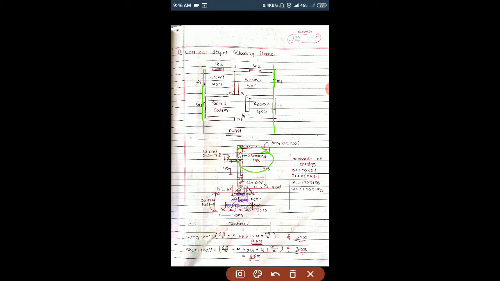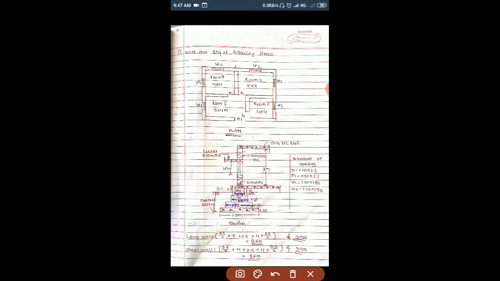Long walls means those whose dimension is more compared to the other side dimensions. It is not necessarily that any horizontal wall should be a long wall and a vertical wall a short wall. It totally depends upon the size of the room we have in our plan.